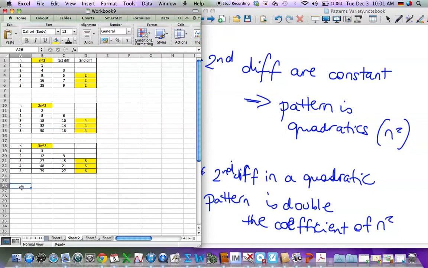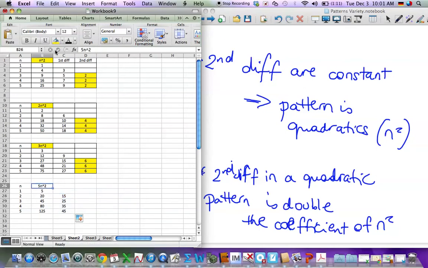So if I list 5n squared, you should already be guessing what the differences are going to be. I'm going to do equals 5 times this number squared. Let's try our first differences, this minus this, and so on.